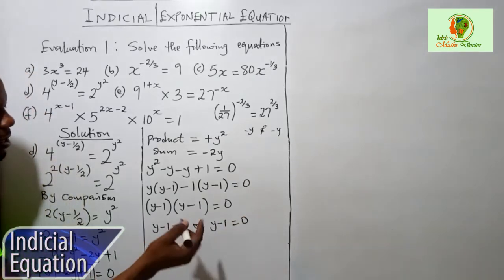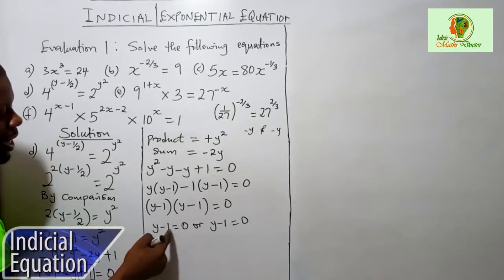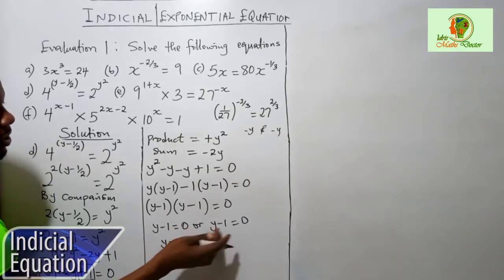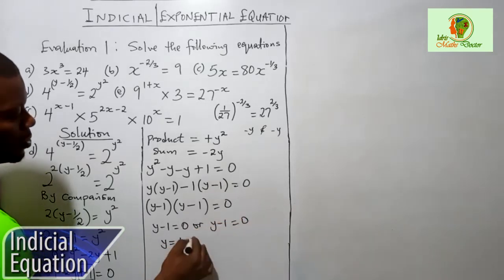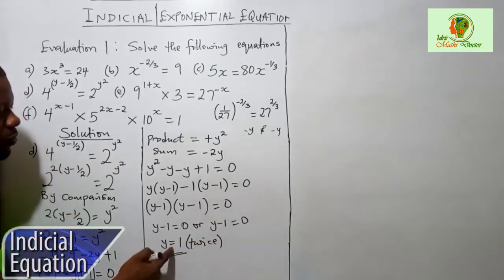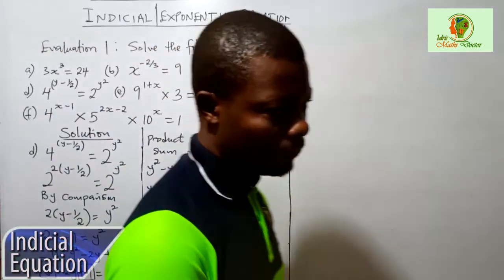Since they are the same, we just collect like terms. If minus 1 is coming to this side, we add 1 to both sides, y equals 1. Also y equals 1, so we can write it twice. That is what we are going to get here.